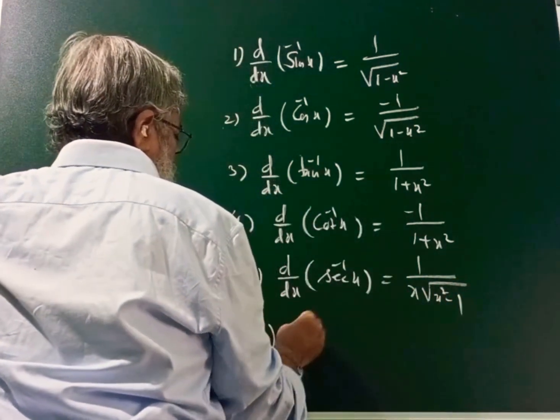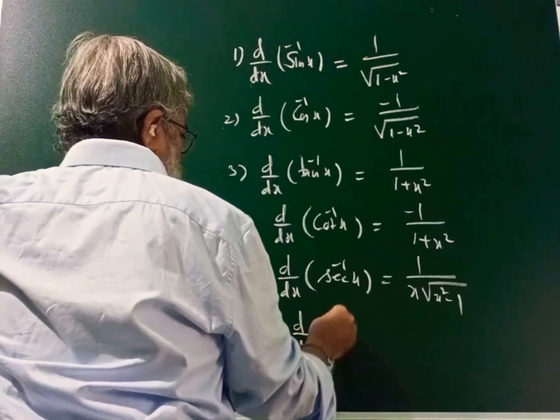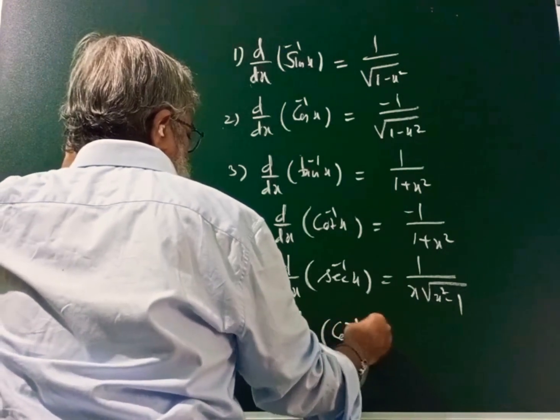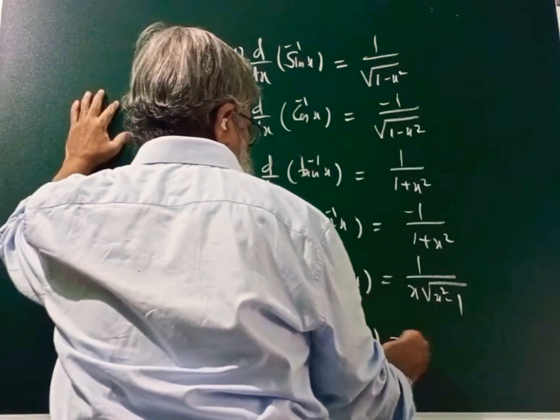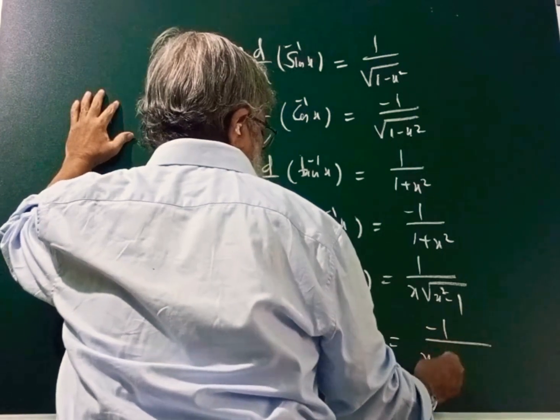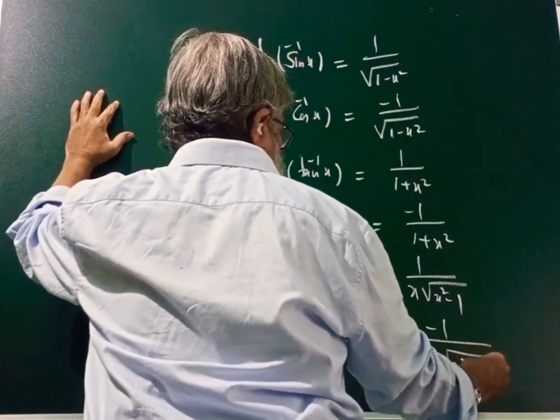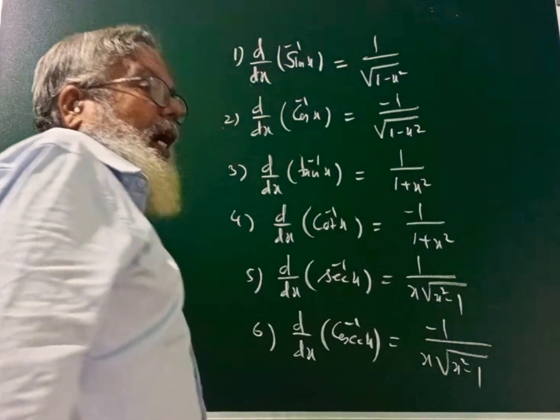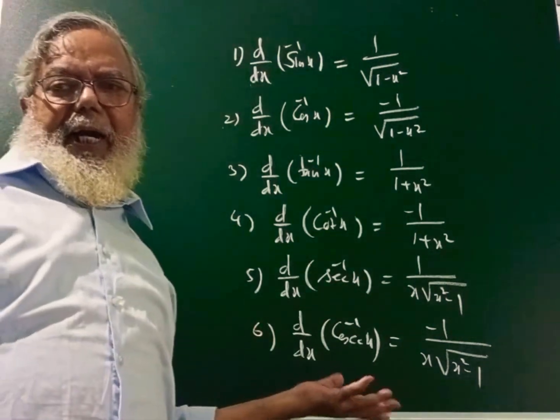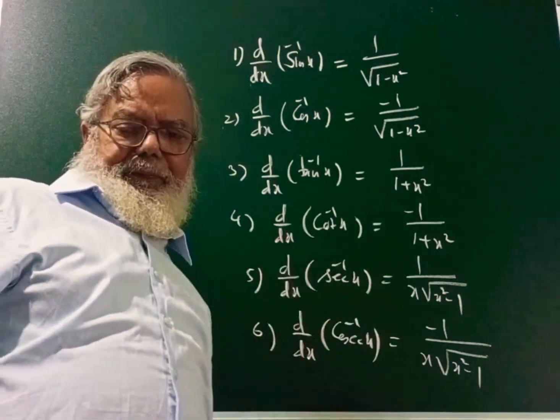And lastly, differentiation of cosec inverse x with respect to x is given by minus 1 by x under root x square minus 1. We suppose that in all functions they exist and they are in the domain only.